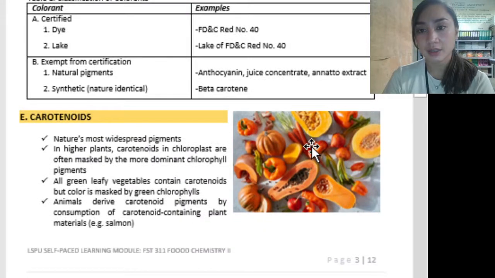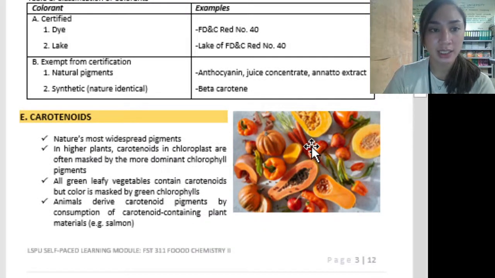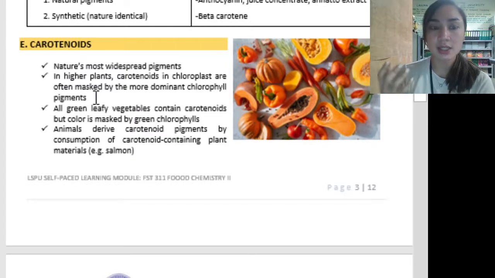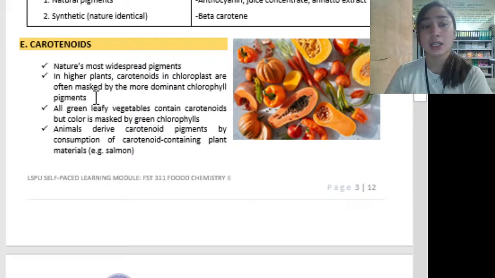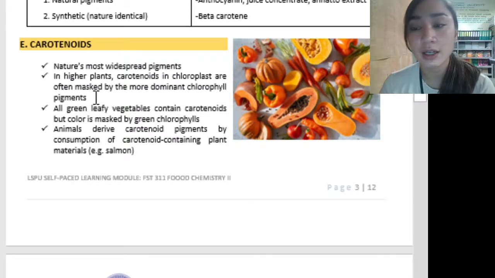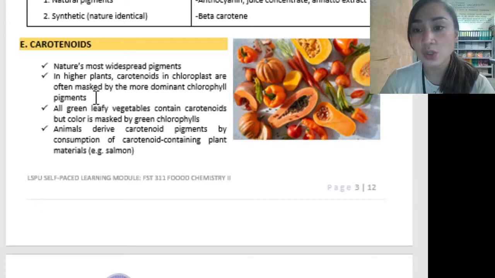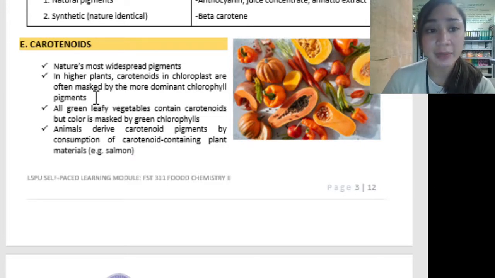Okay, let's move on with carotenoids. This is the continuation for the pigments that you will find in plants. Carotenoids are nature's most widespread pigments. They are higher in plants, and carotenoids in chloroplast are often masked by the more dominant chlorophyll pigments.